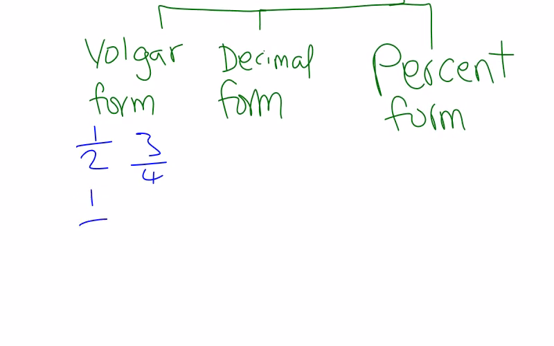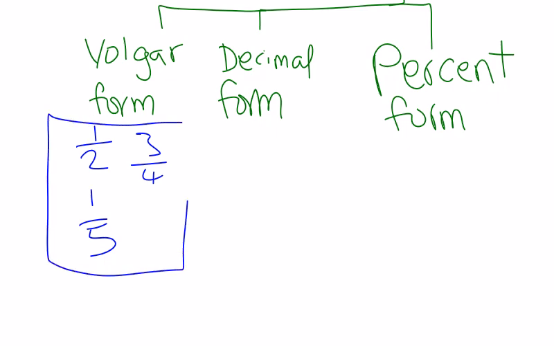Let's say 1 over 5. It also means that we have 5 pieces and you took 1 of them. All those are vulgar forms of fractions.